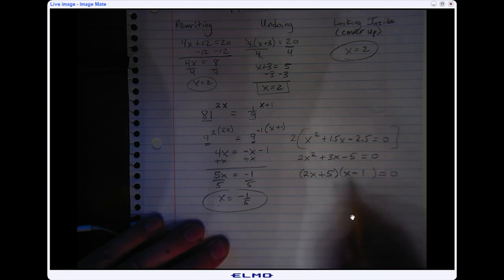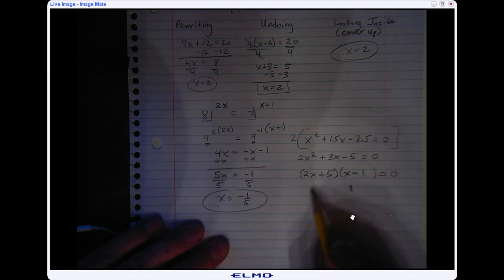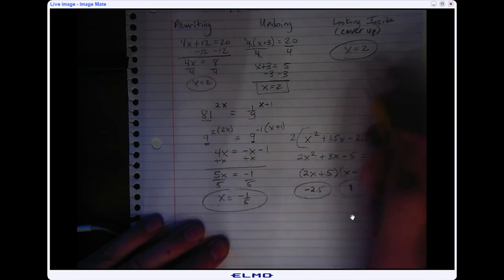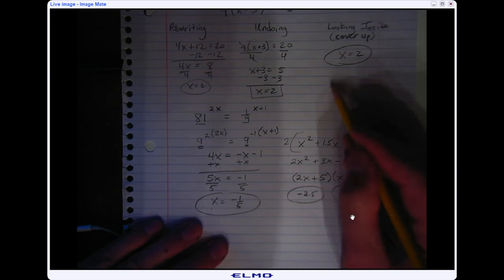And then I can easily solve this. So my answers are going to be 1, and the other answer is going to be negative 2.5. So again, the power of rewriting is really beneficial, and it can help save you a lot of time on things like this.